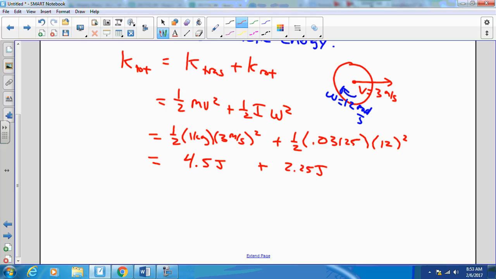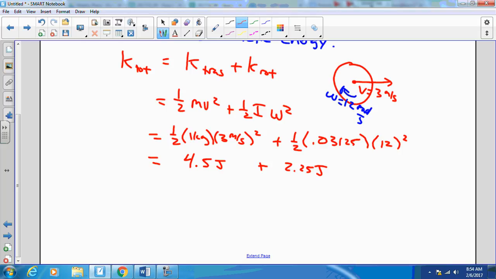And what I'd like to observe is that these two terms are comparable in magnitude. They're not the same value, obviously. This one's half of that one. But my point is that both of them are adding appreciably to the kinetic energy of the object.